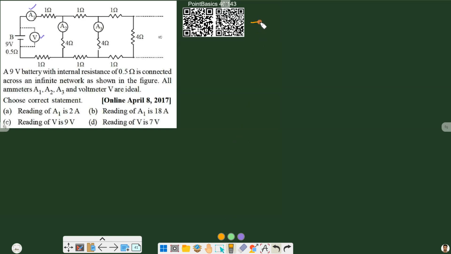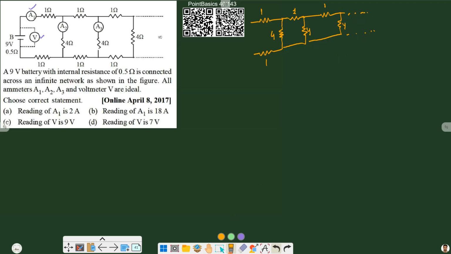So we have been given 1 ohm, 4 ohm, 1 ohm, 4 ohm, then again 1 ohm, 4 ohm, and then it keeps on going.